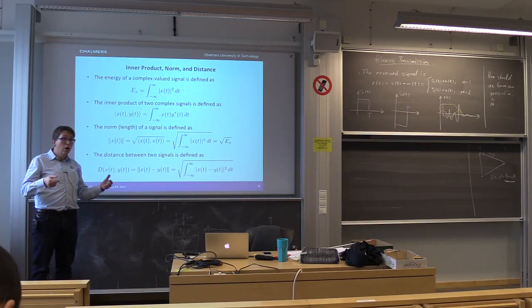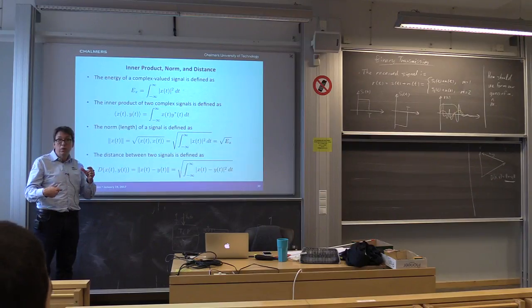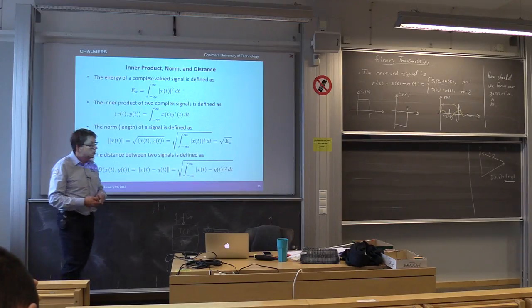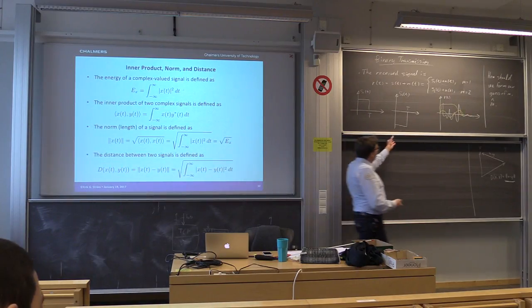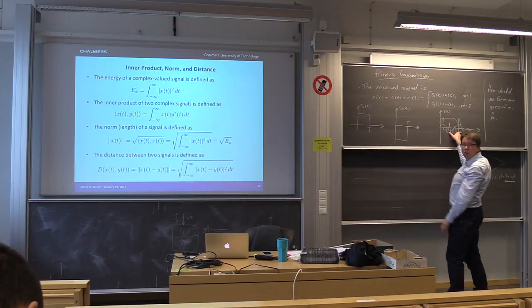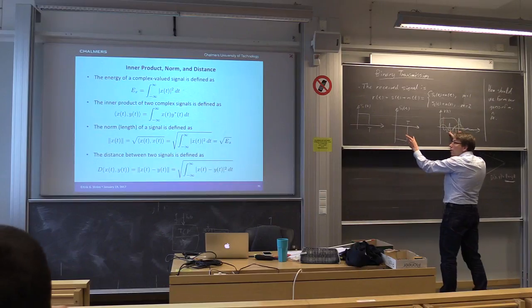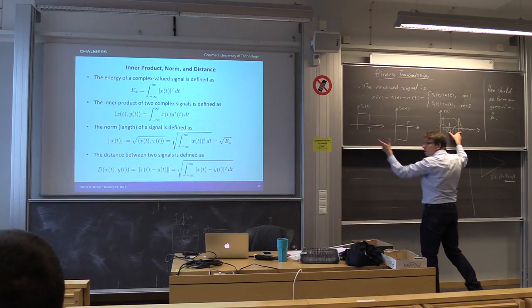Okay. So now we have a way of calculating distances between signals, and once we have that, we can compute how close the received signal is to one of the possible transmitted signals, and then we pick that signal alternative which is closest to the received signal. So I'll take that once more. We have the received signal. We can calculate the distance to this signal, and we can calculate the distance to that signal.